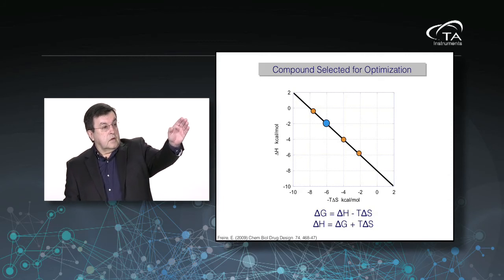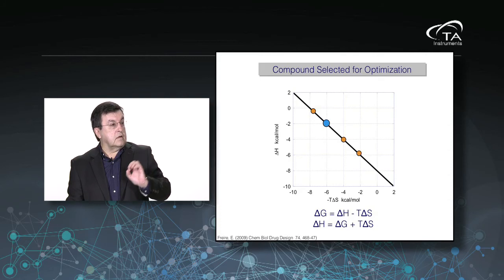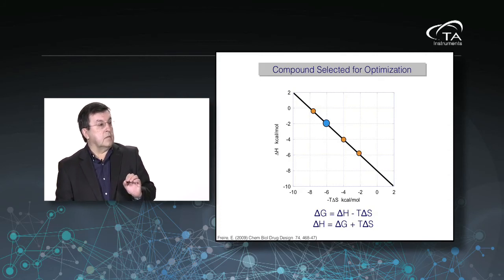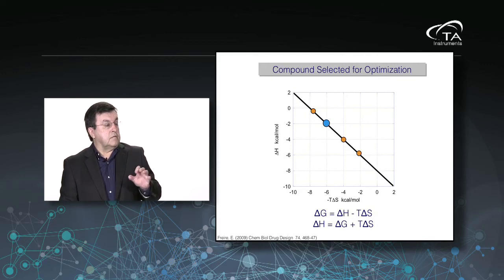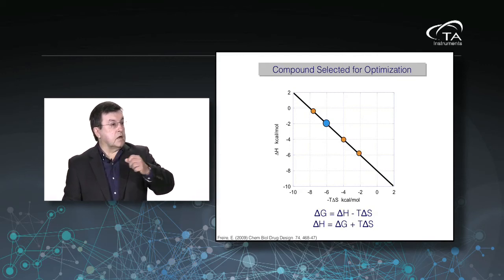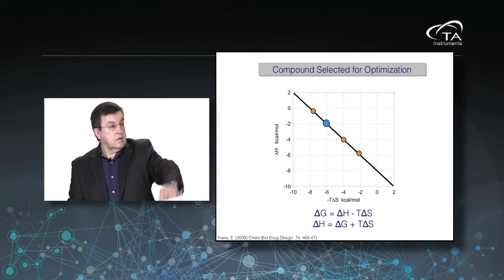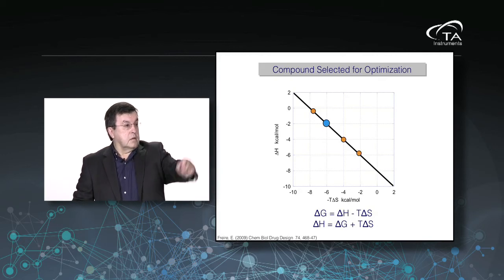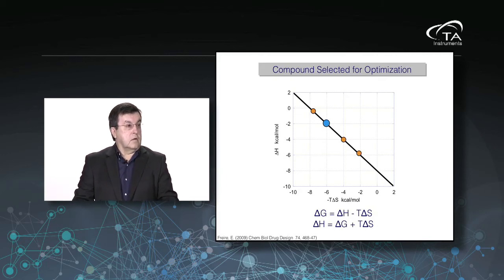And the characteristics are as follows. All compounds that fall on the same line have exactly the same binding affinity as the original compound, except that they have different enthalpy entropy combinations. So the one at the bottom of the orange compounds is going to have the highest favorable enthalpy, and the one at the top, the lowest.